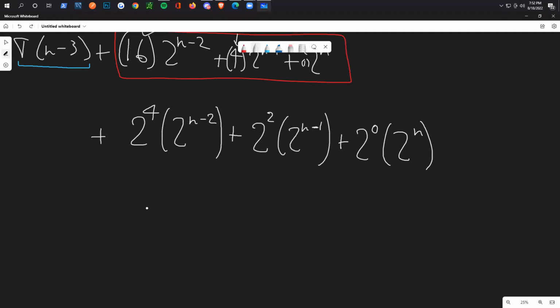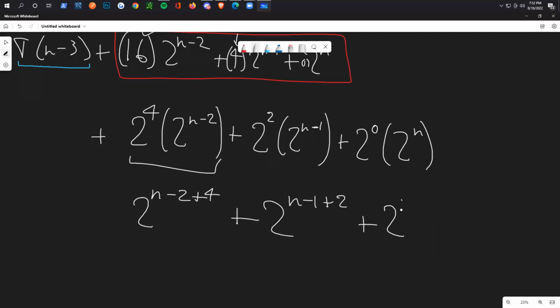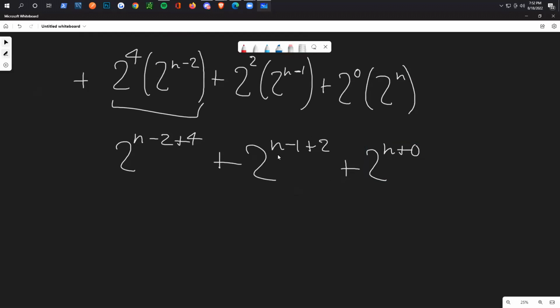So we can say this right here is going to become 2 to the n minus 2 plus 4. This right here is going to become 2 to the n minus 1 plus 2. And this right here is going to become 2 to the n plus 0, which just stays as n, but I'll leave it there so you guys can see it.